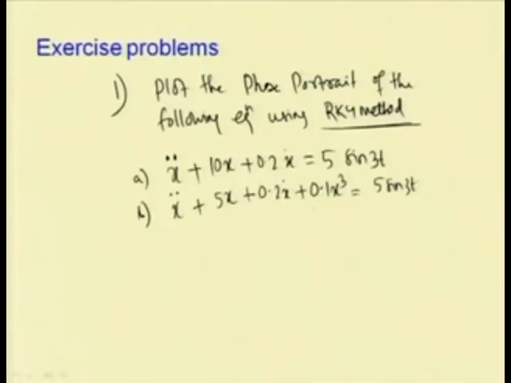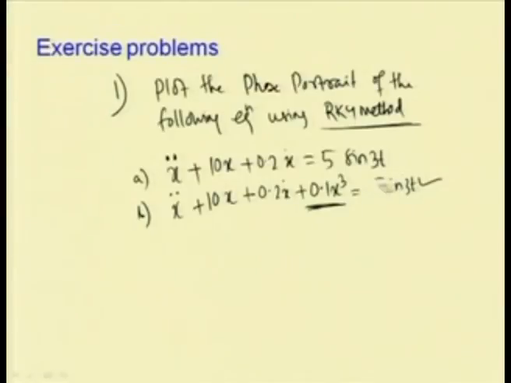In this case, the nonlinear term is added to the previous equation. The previous linear equation we have plotted, and in this equation we have a nonlinear term 0.1 x cube added to the system. So, check with different initial conditions, and see what response you are getting.